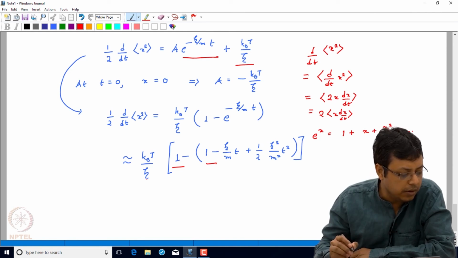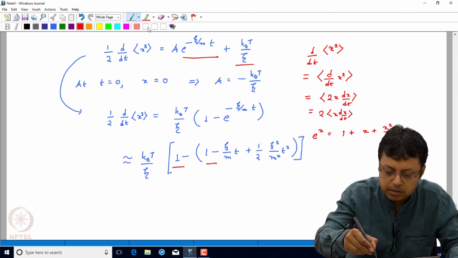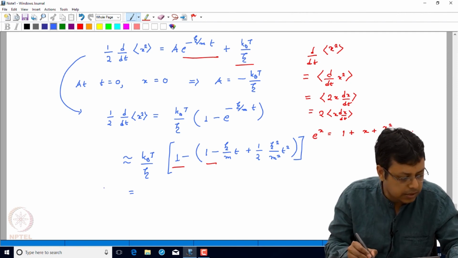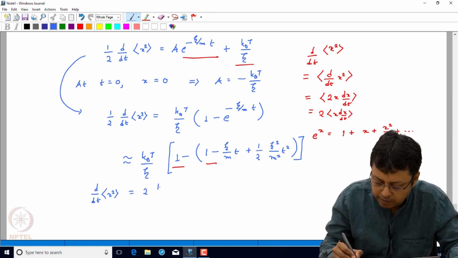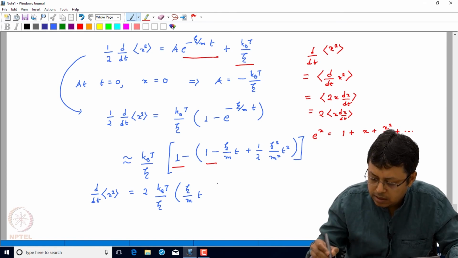So let me rewrite it: d/dt of x squared average is nothing but 2 times kBT divided by zeta, and inside I will have zeta over m into t, and then minus and minus, so this will be plus.